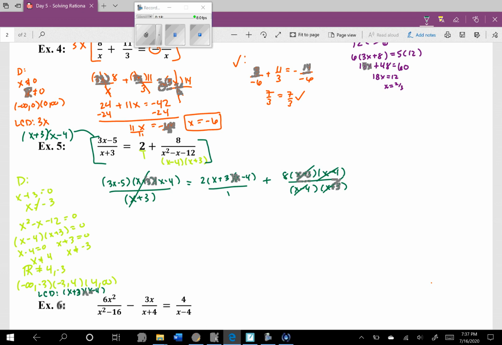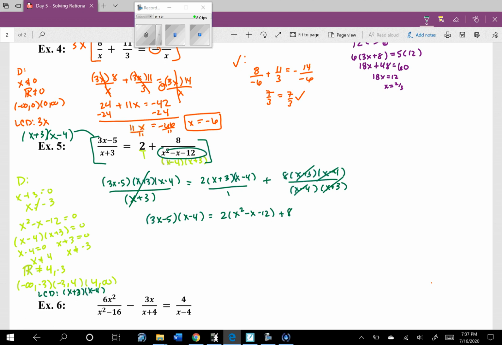So we're going to go ahead and now rewrite this. This gives us (3x minus 5)(x minus 4) is equal to 2 times, and we know when this boiled out, it gave us x squared minus x minus 12, because that's what we factored right here, plus the 8. So now we need to go ahead and combine like terms.